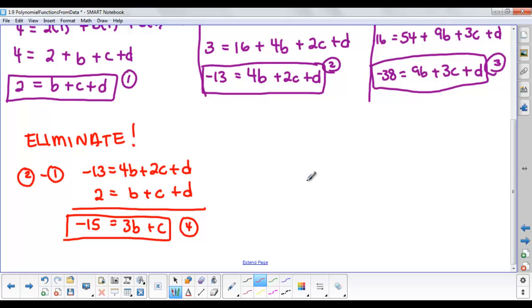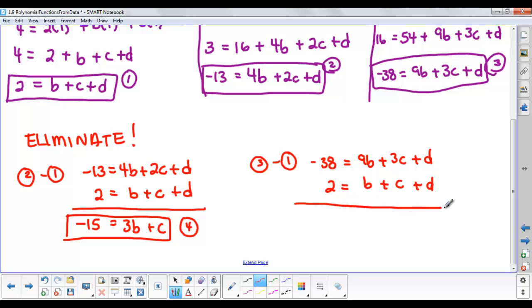Okay, so next I'm going to choose to use equation 3, and my personal preference is to go back and always subtract equation 1, and the reason being is because equation 1 is so nice because every variable here has coefficient 1, so it just makes the subtraction that much easier. Okay, so I'll set it up. Negative 38 equals 9b 3c plus d, and then equation 1, b c and d.